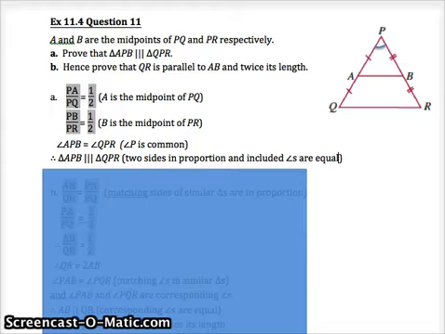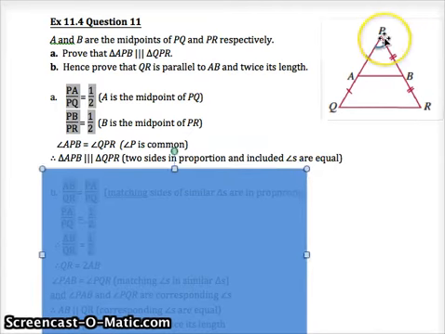Now in part B, we have to hence prove that QR is parallel to AB, and we have to prove that QR is twice the length of AB. Now, when we look at lengths of sides, we need to compare them with the lengths of the other sides in the triangles that we know, because whenever we try to find lengths of sides in similar triangles, we always do ratios of corresponding sides.